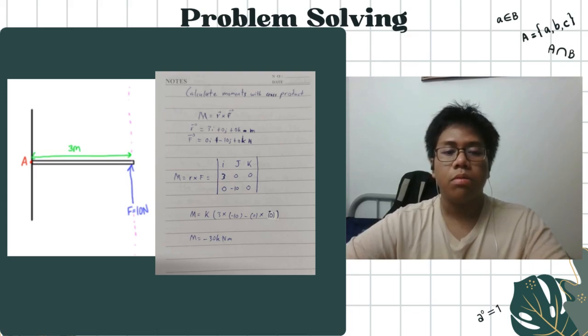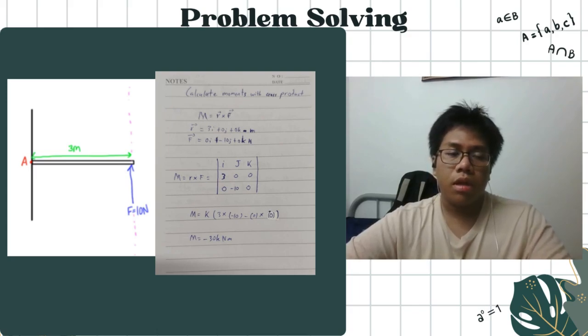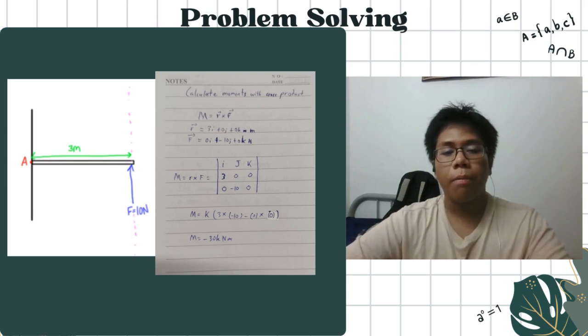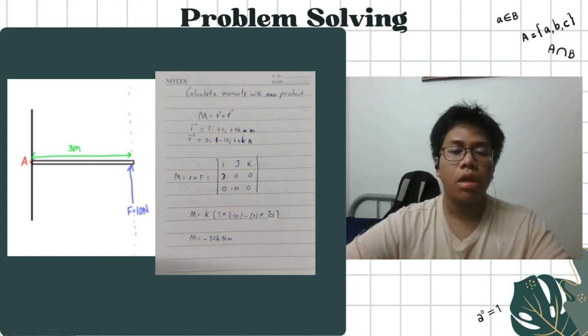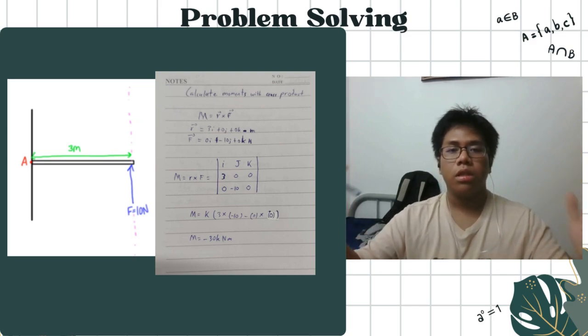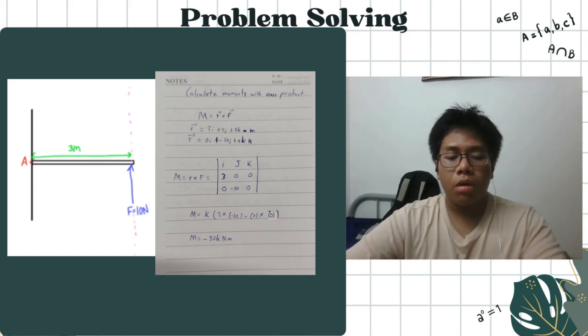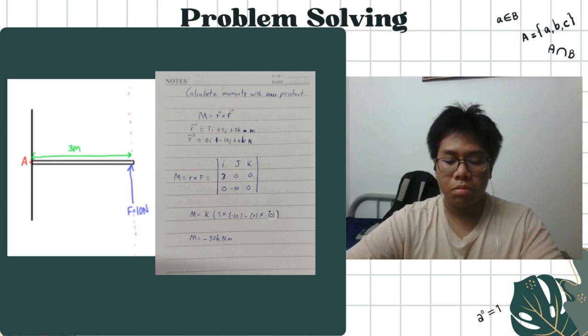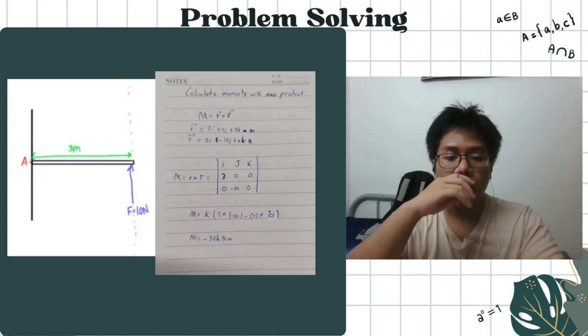Now we're talking about problem solving. For the diagram that is given, with A being the fixed point and 10 as the force and 3 as the distance, we'll be using the cross product method and M equals r cross F for the solution.